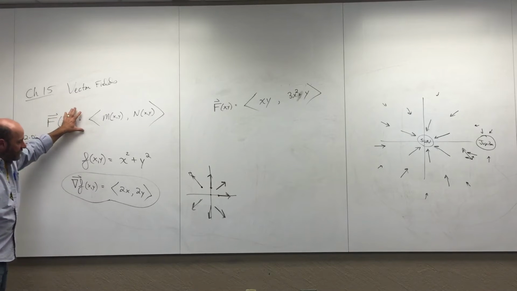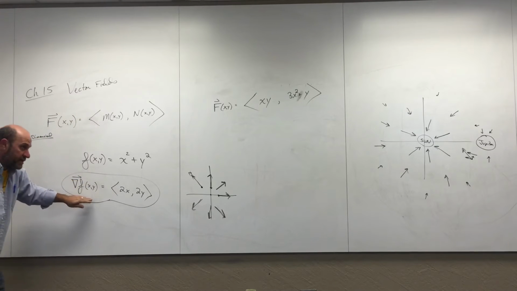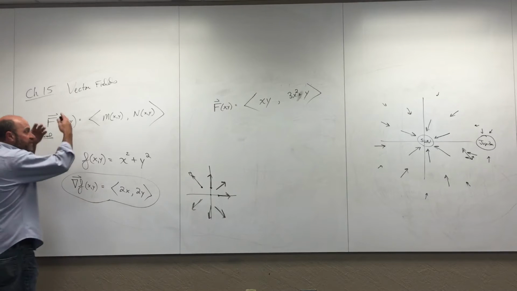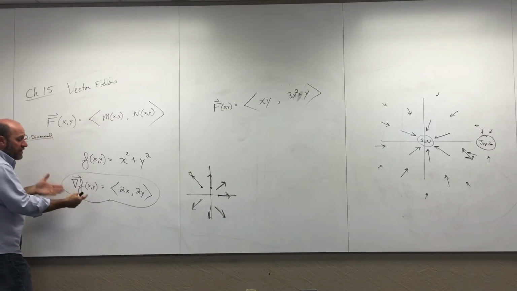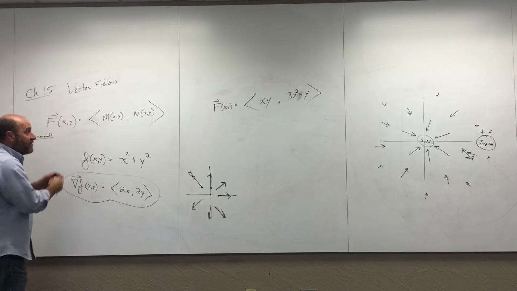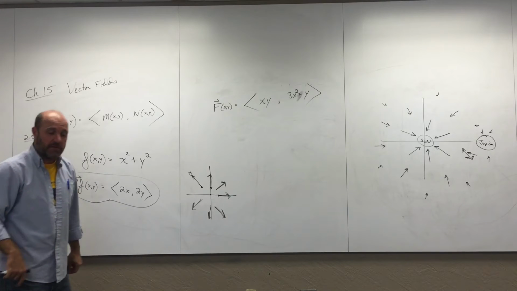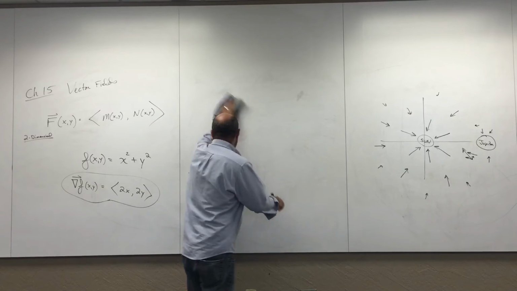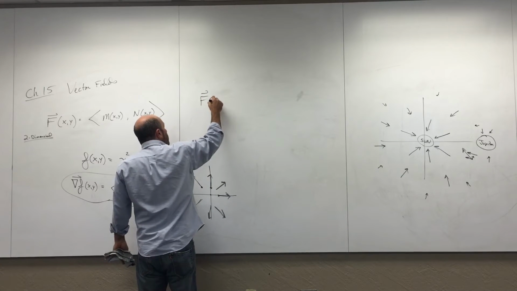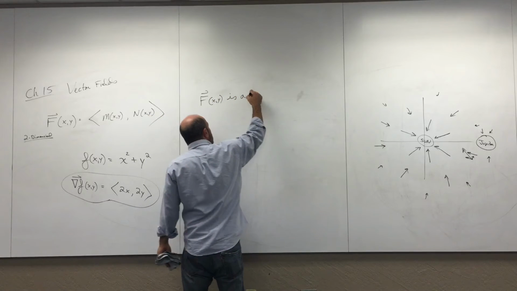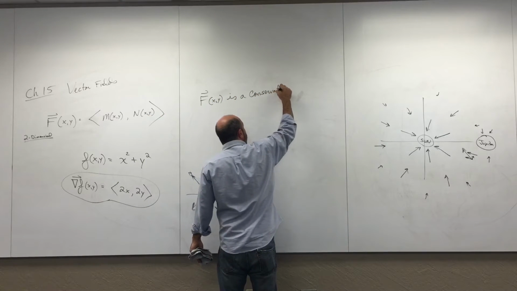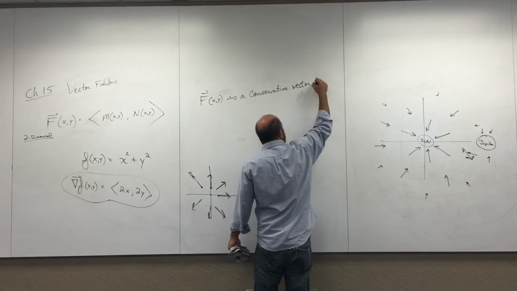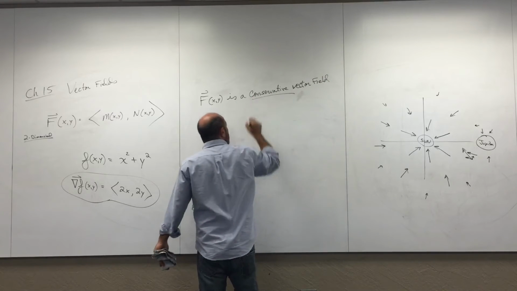And when our vector field is a gradient, then it's a special category of vector fields. So if a vector field can be interpreted as somebody's gradient, then that vector field is called a conservative vector field. So let's say the vector field F is a conservative vector field. That's one of the first definitions.